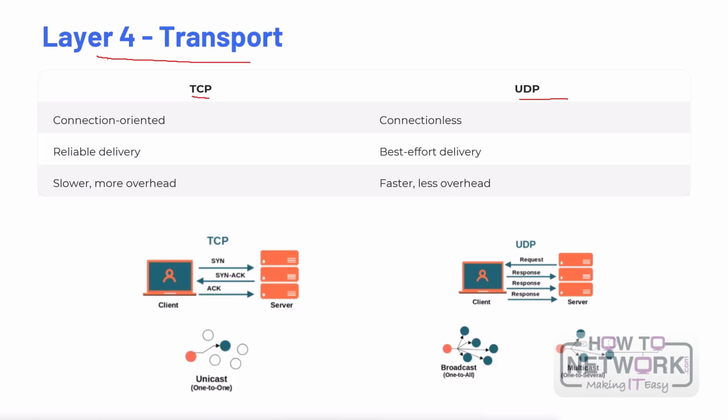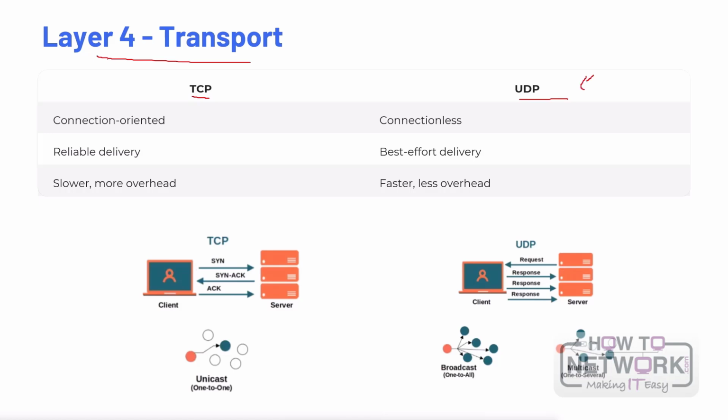This connection ensures reliable delivery, guaranteeing that all data packets arrive in the correct order and without loss. TCP handles error detection and retransmission, ensuring data integrity and completeness, and it's often used for applications requiring high reliability such as web browsing, email, and file transfers.